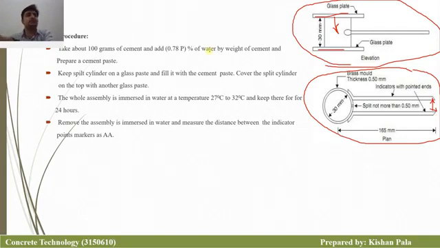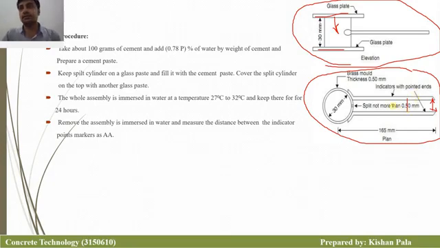First procedure, you have to take the cement, then add the water, then prepare the paste, then put this paste in this mold, then this mold is immersed in the water, and after 24 hours you have to remove this mold, and measure this distance from this point to this point.